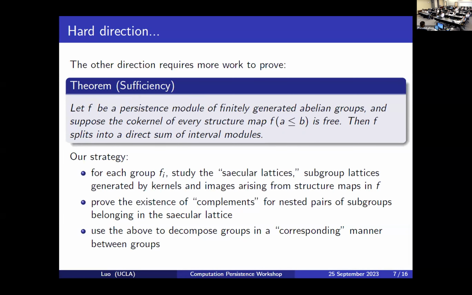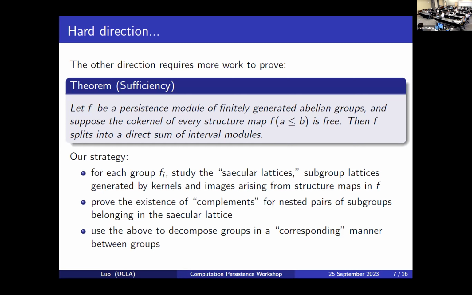And essentially to do this, for each of our groups F_i, we study something called a secular lattice, which is basically, sorry, this should be singular, not plural, whatever. Anyway, we study the secular lattice, which is essentially a subgroup lattice generated by kernels and images that arise from the persistence module F. And then we prove the existence of complements for nested pairs of things in the secular lattice.